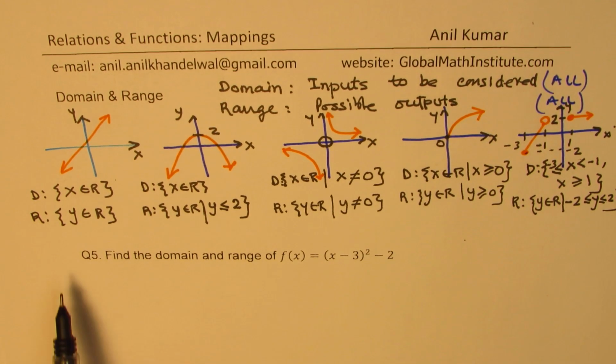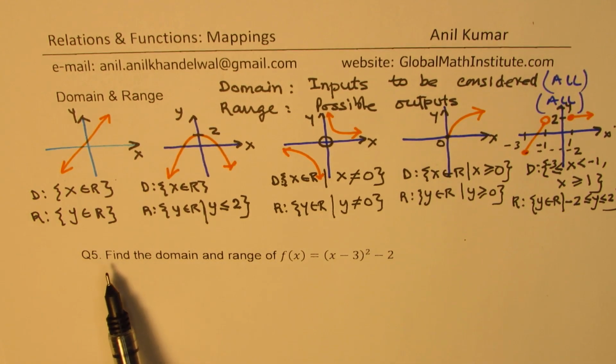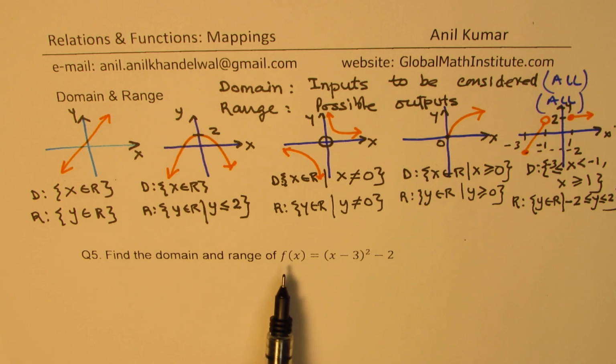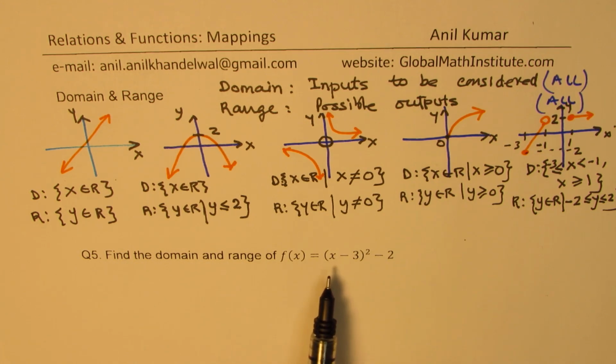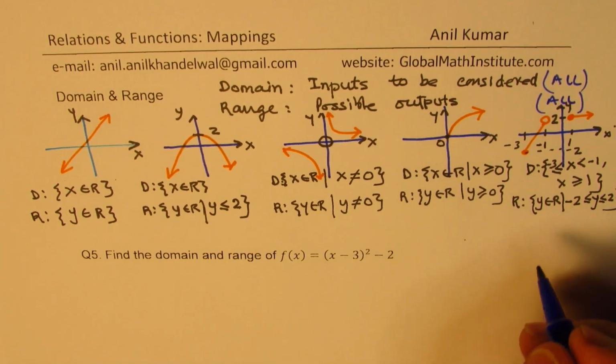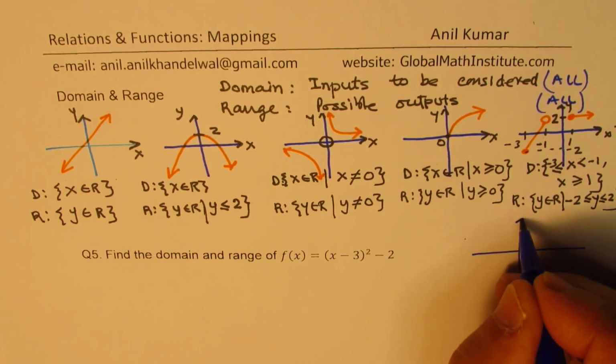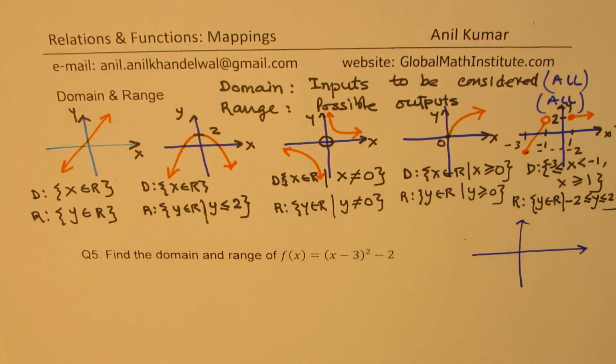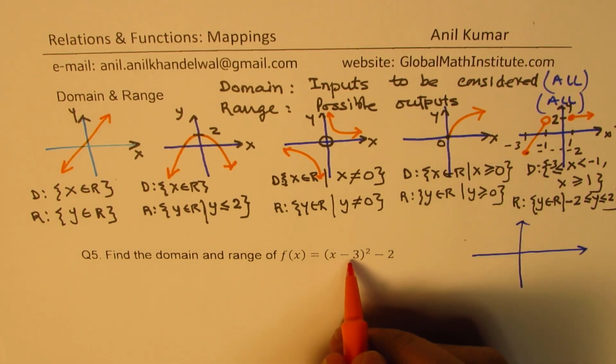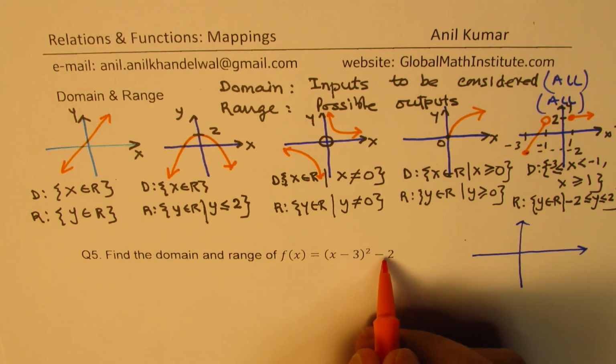Now here is a test question for you. Find the domain and range of the function f of x equals (x minus 3) whole squared minus 2. One way is to sketch this function, and from the graph you can write down the answer. So the graph of this function is a parabola which has a vertex at 3, and the minimum value is at 3, right?